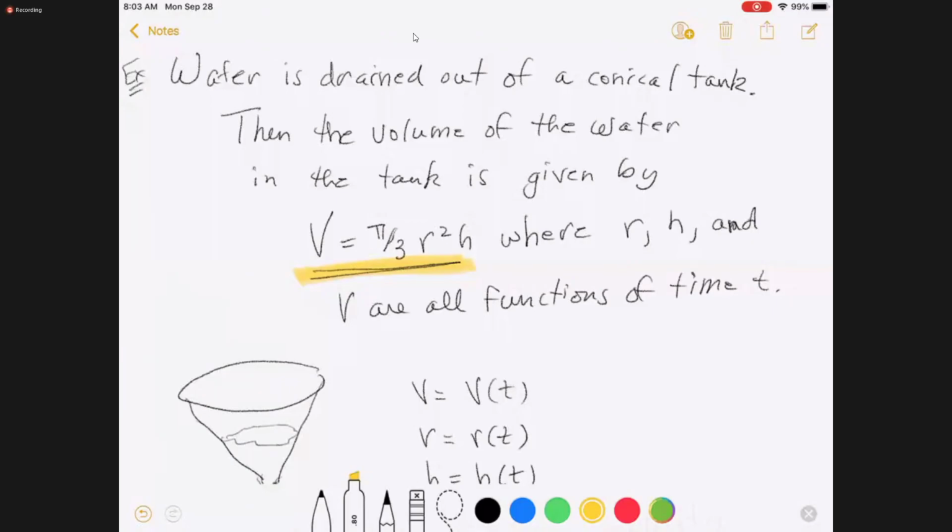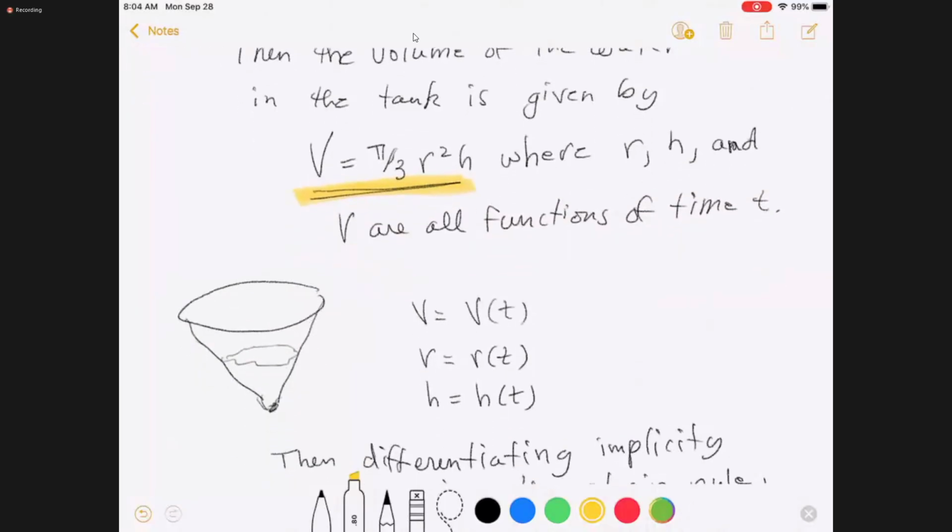And if you're draining the water out, the volume of the water in the tank is decreasing. So is the height of the water in the tank and the radius of the water in the tank. Here's my little illustration. This would be, say, the water at time t. And the water is coming out on the floor or something.